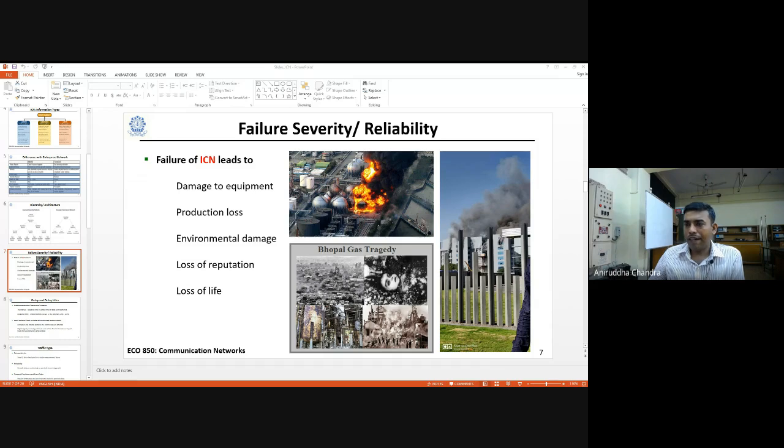The slides are kind of old, so it has nothing to do with Ukraine. I'm looking at the chat box, trying to figure out what these two pictures are, apart from the Bhopal gas tragedy. No, Mohit, I already said that it is not related to Ukraine.